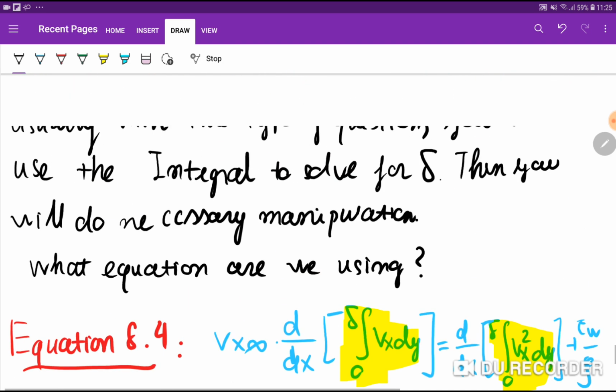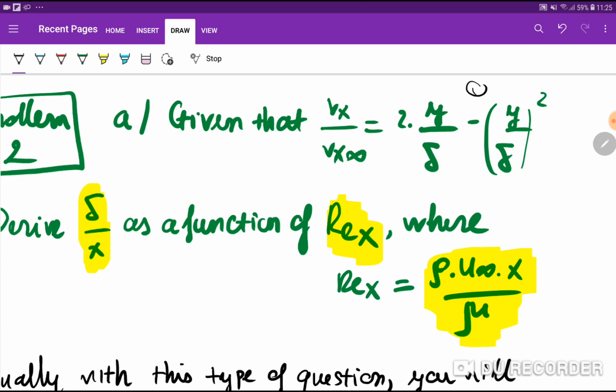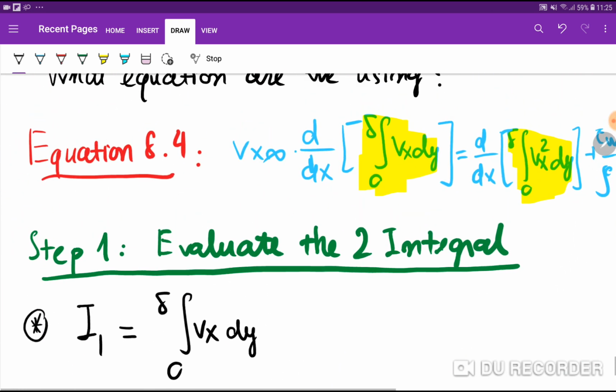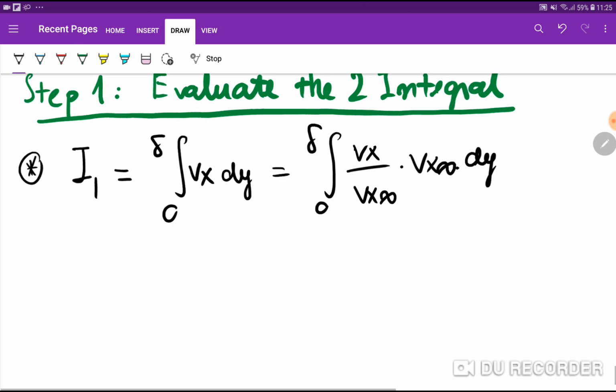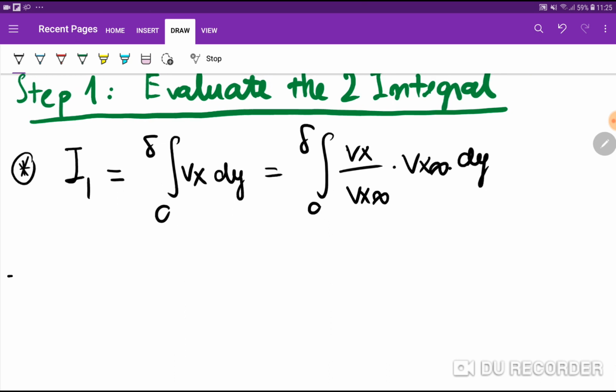The problem doesn't give us Vx, they give us Vx over Vx infinity, so we have to make Vx infinity appear. The trick is to write it as the integral from 0 to delta of Vx over Vx infinity times Vx infinity dy. Vx infinity is a constant, so you can put it out: Vx infinity times the integral from 0 to delta of Vx over Vx infinity dy.